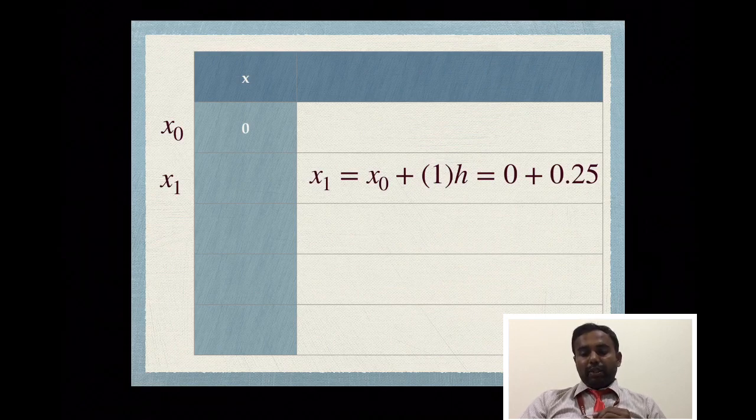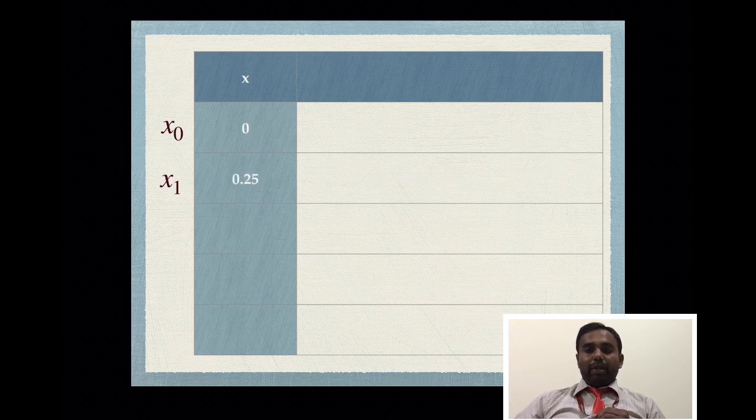So xn becomes x1, which will be equal to x naught plus 1 into h. Getting it? Which will be equal to, of course, x naught value is 0, plus h value 0.25 into 1, which turns out to be 0.25. So our x1 value is 0.25. Getting the logic?